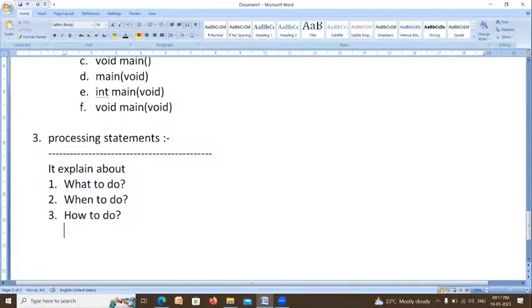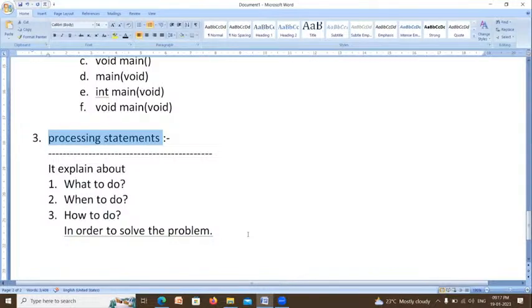If you want to solve the problem, what you have to do, when you have to do, and how you have to do, those steps will be explained by using processing statements.